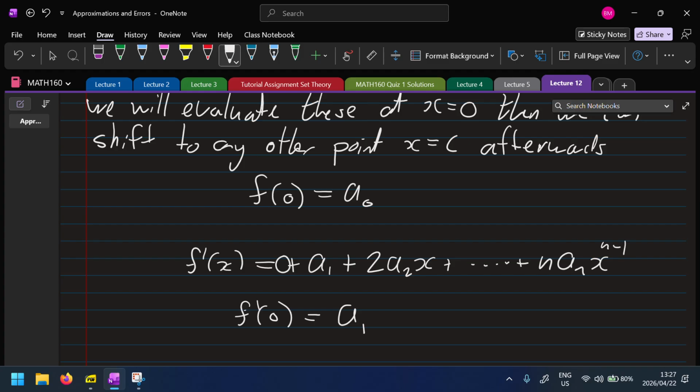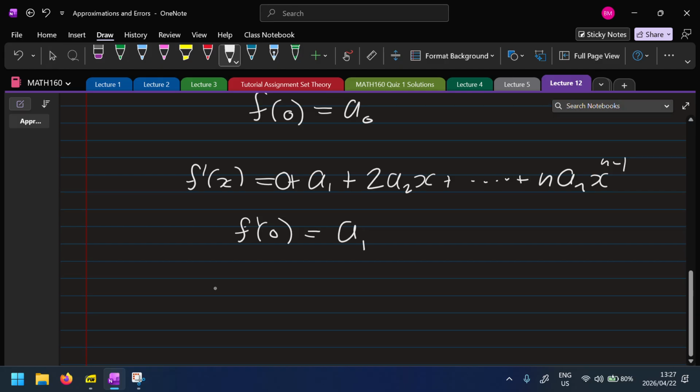Now we're going to look at the second derivative on both sides, and again, evaluate at 0. So let's do that. So we have the second derivative. Now on the right, a1 goes away because it's the second derivative, and we have 2a2 plus dot dot dots.